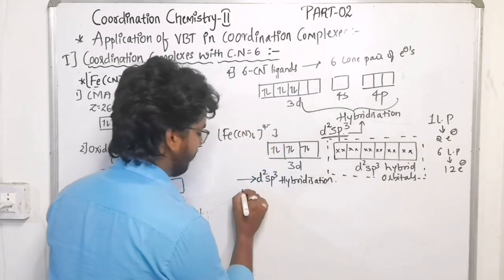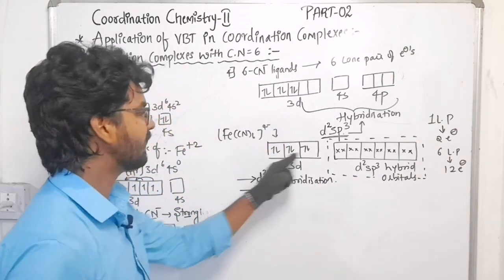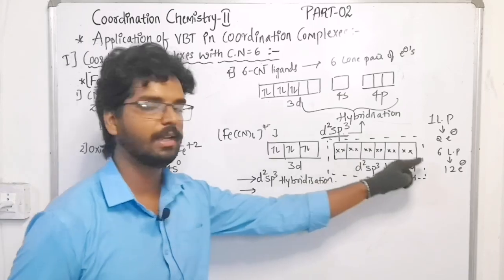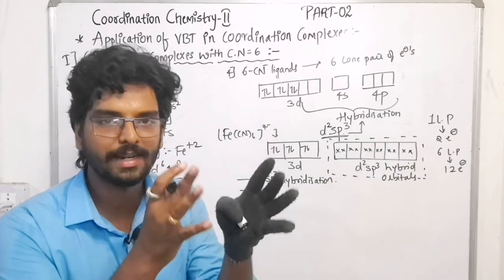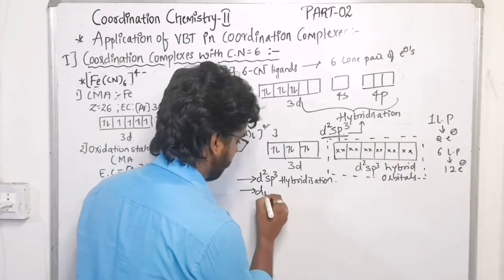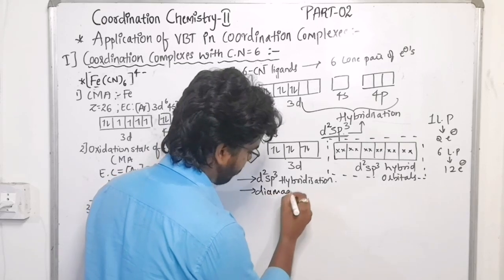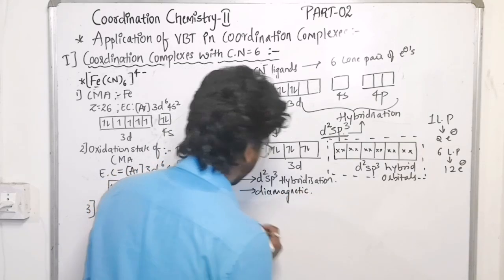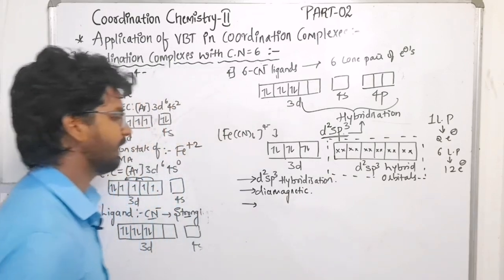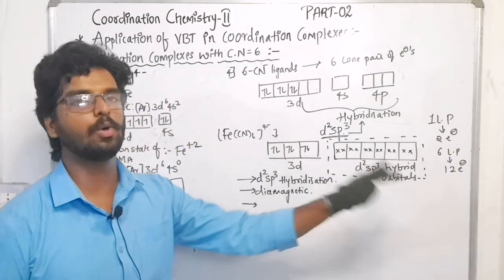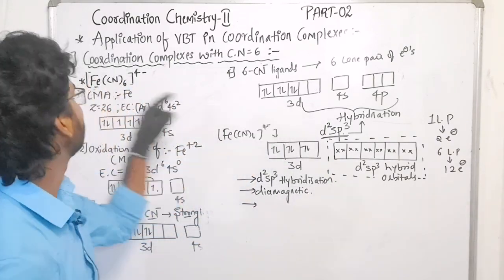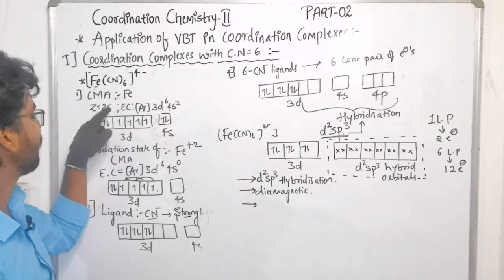Very simple. Next step: is this having any unpaired electrons? Any unpaired electrons present here? No unpaired electrons. That means it is diamagnetic. Next thing is whether it is an inner complex or an outer complex. We know that. See here, Fe is here.